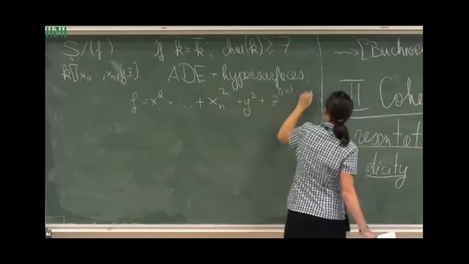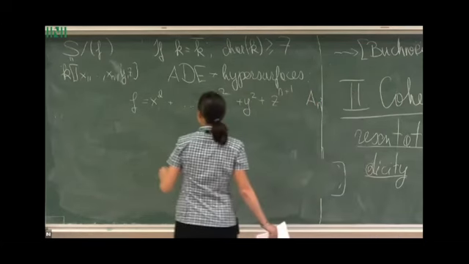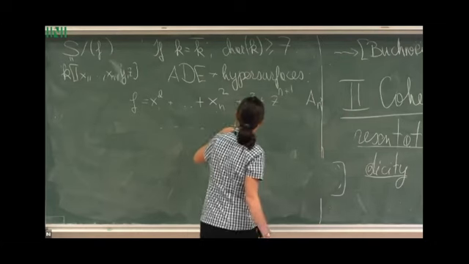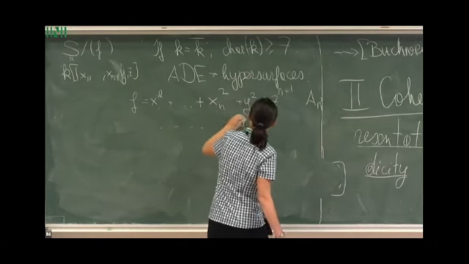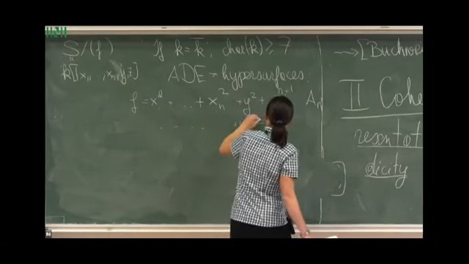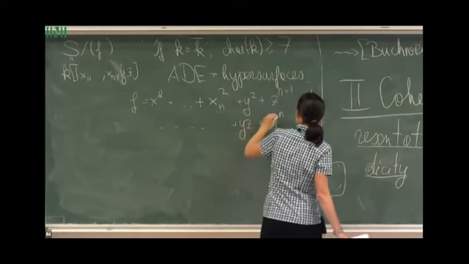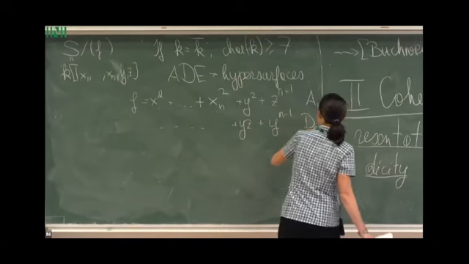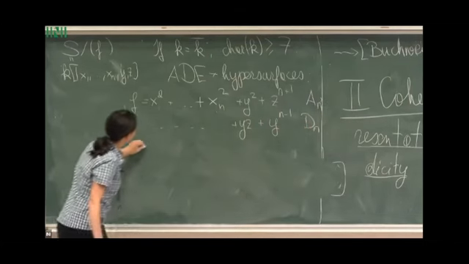So this is type A n. Then type D n is, again, we have the sums of squares, and here we have y times z squared plus y to the n minus 1. I hope this is correct. Please correct me if it's not.